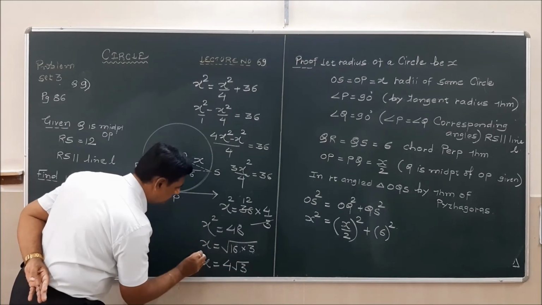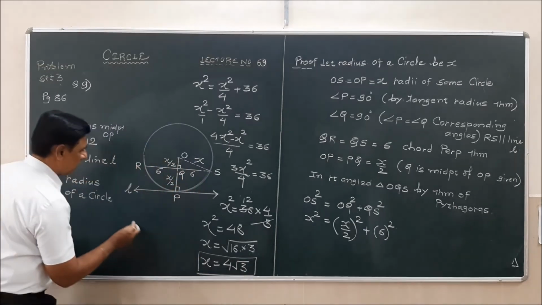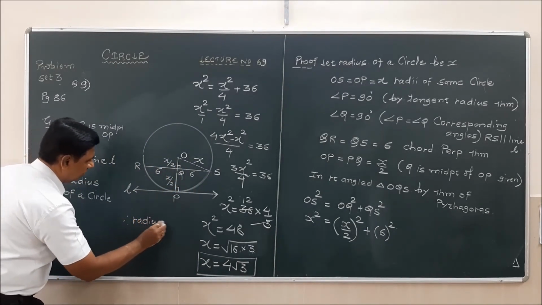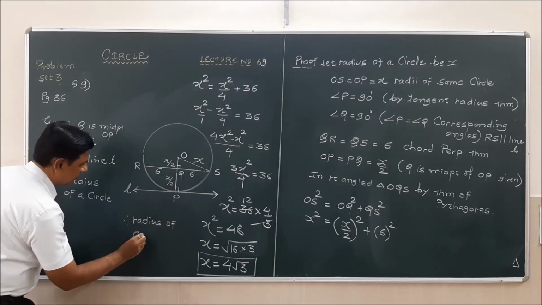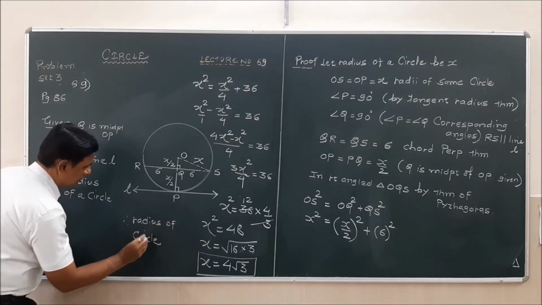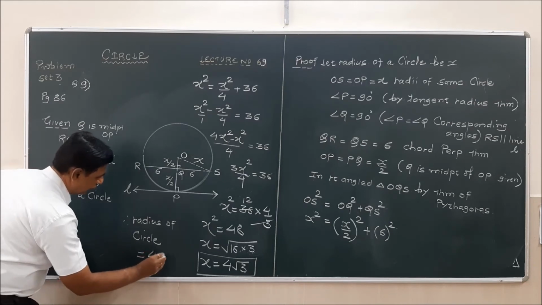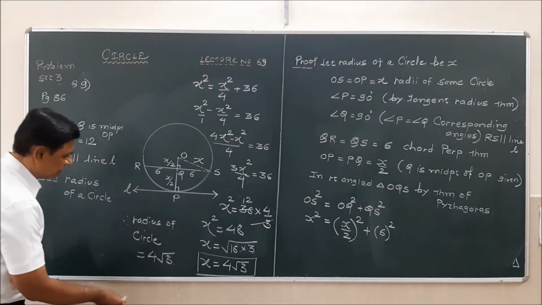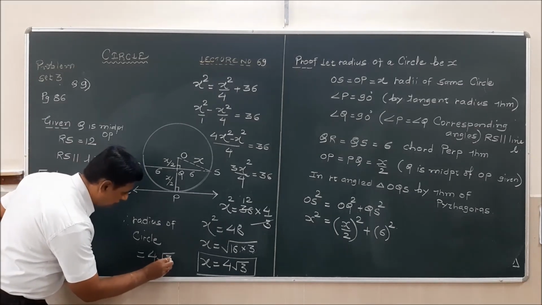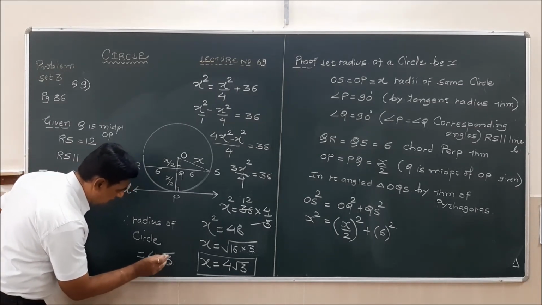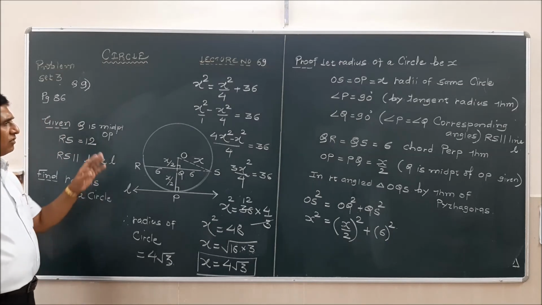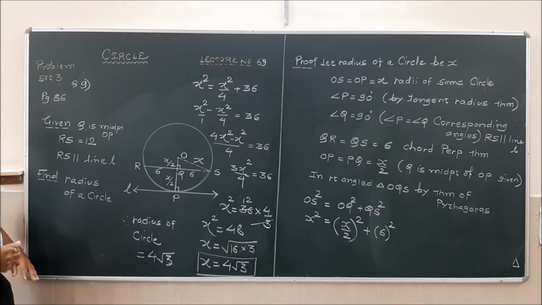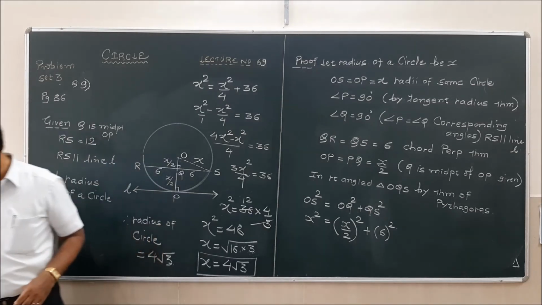Very important. Radius of circle is equal to 4 root 3. No units are given, so we keep it as it is. Okay. So this is how we obtain the radius of a circle.